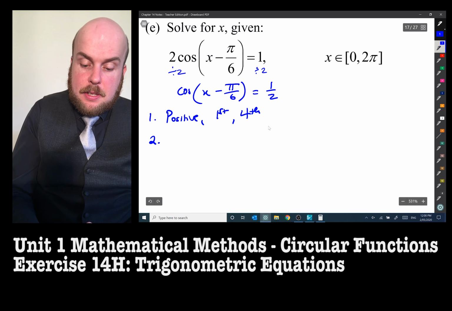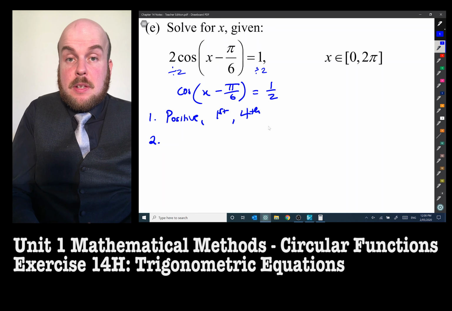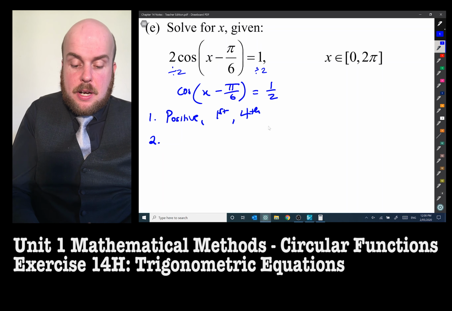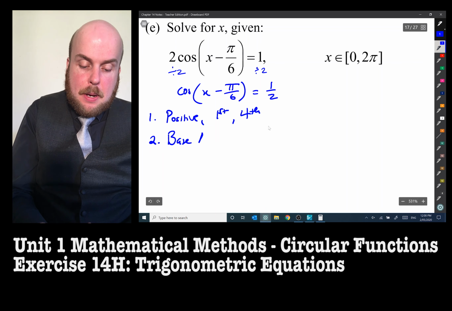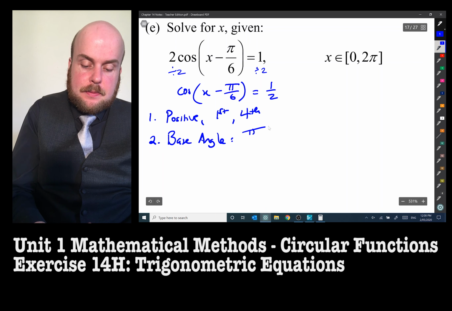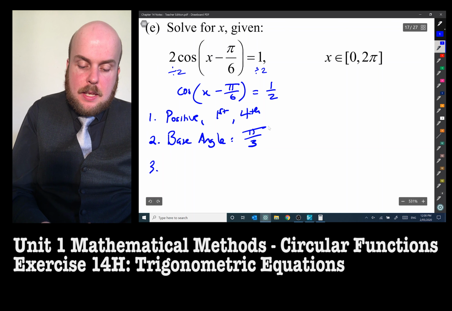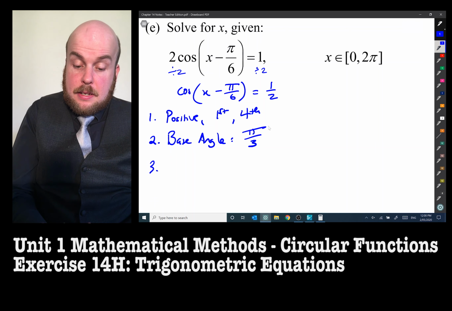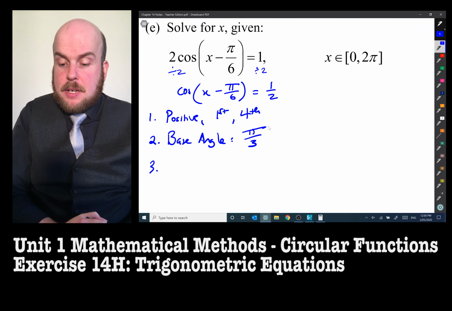The base angle here to get 1/2 for cos on the exact values triangle, that's going to be pi on 3. The domain. Now there's no number in front of that x, so therefore we don't need to affect the domain.